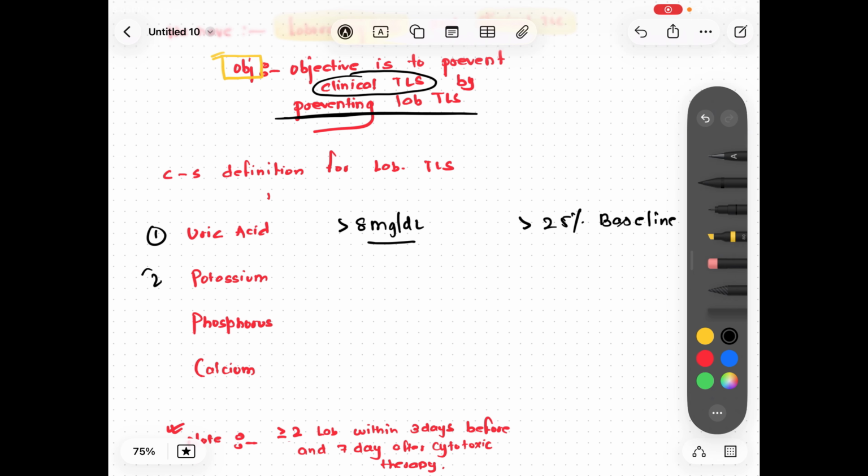Second is potassium. If the value of the serum potassium is more than 6 millimole per liter, or increasing 25% from baseline.